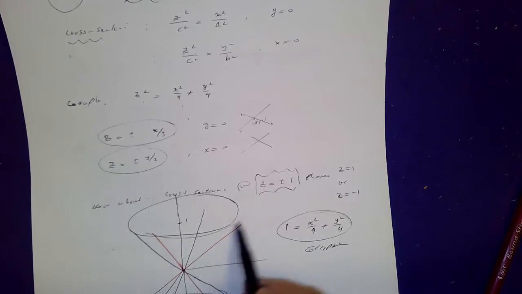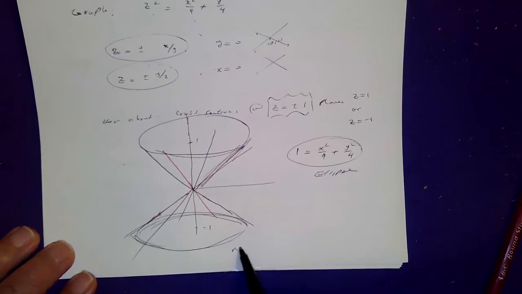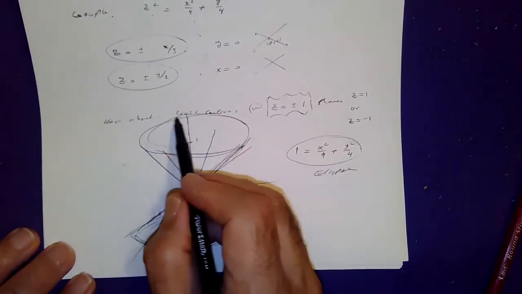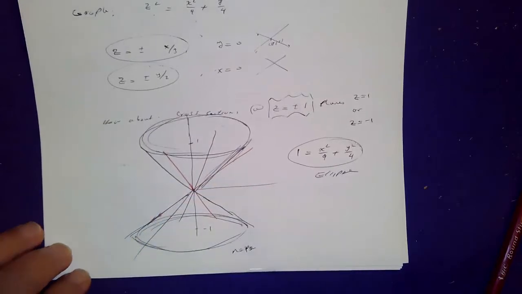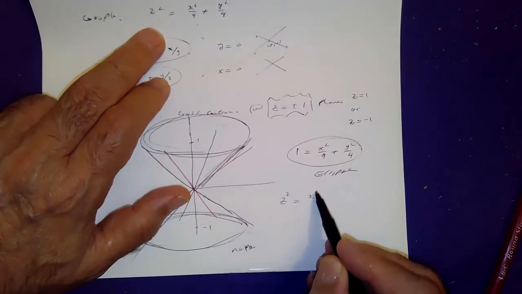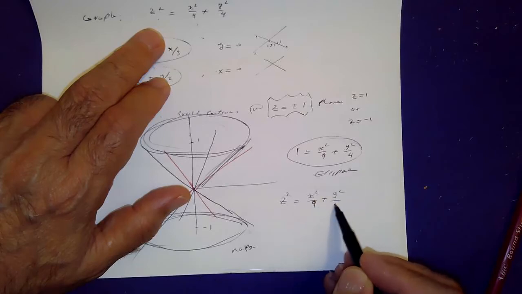And lo and behold, what you got is called a circular cone. You all see it. So this is like the lower nappe, and this is like the upper nappe, or you could call it upper half.